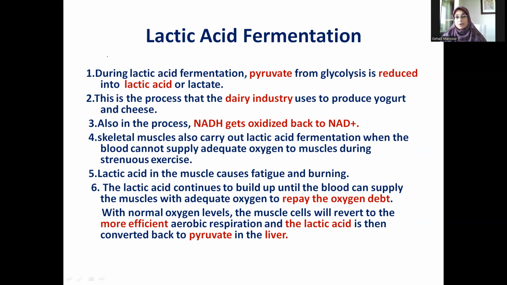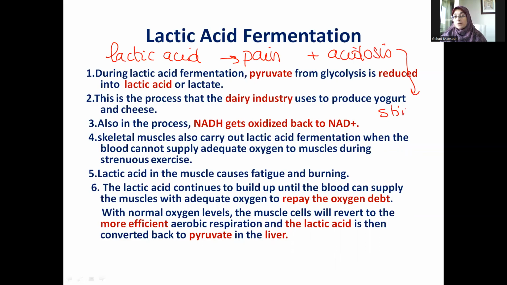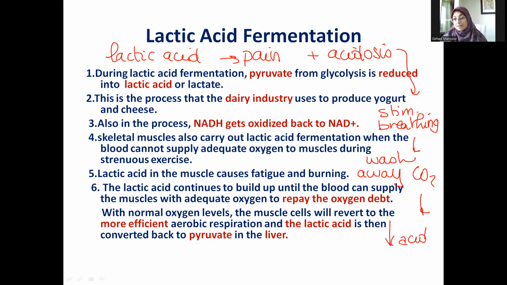This lactic acid not only causes pain, but because it causes a kind of acidosis or acidic pH of the blood, it will stimulate the respiratory system. It stimulates breathing, and when you stimulate breathing, you wash away carbon dioxide, and when you wash away carbon dioxide, you diminish acidosis, okay, and you raise the pH of the blood to normal again. And this is what we call the oxygen debt.